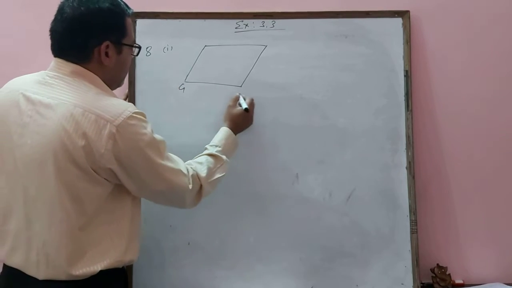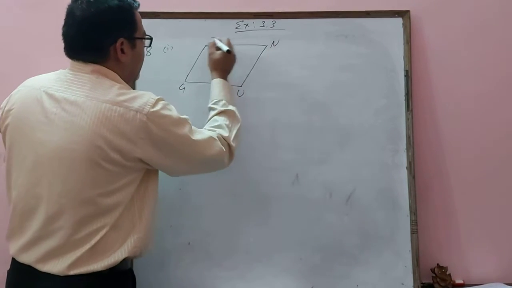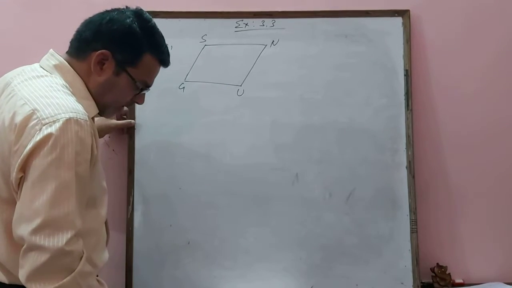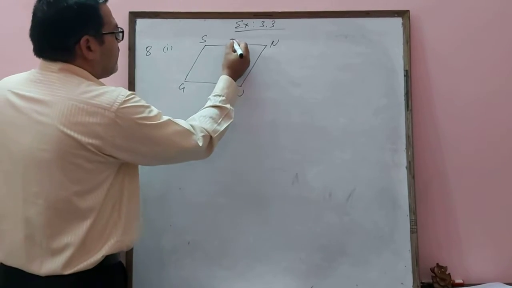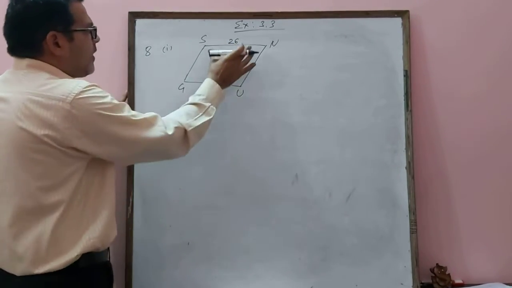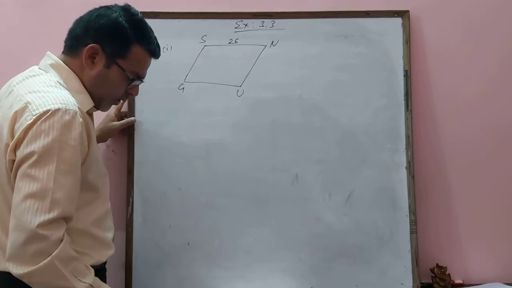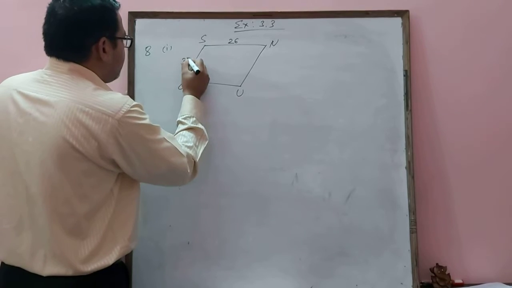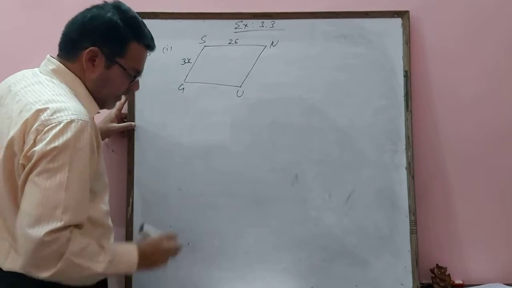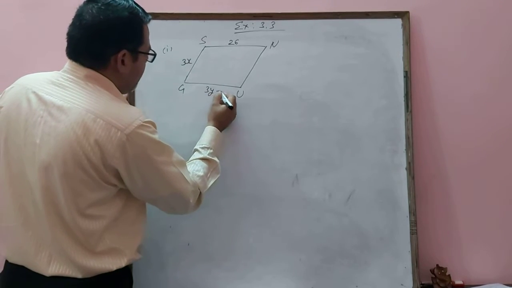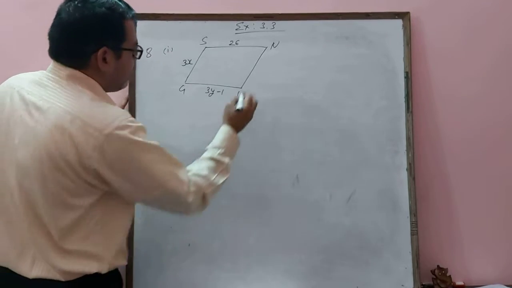Here is G, then U, then N, and here is S, right? And this side, means SN, it is given 26 unit. This is 3x, this side is 3y minus 1 and this is 18.